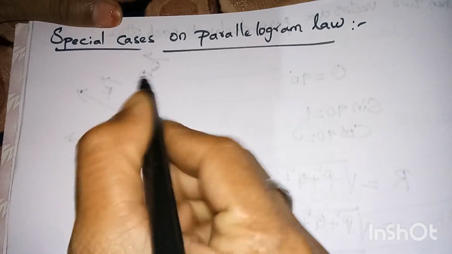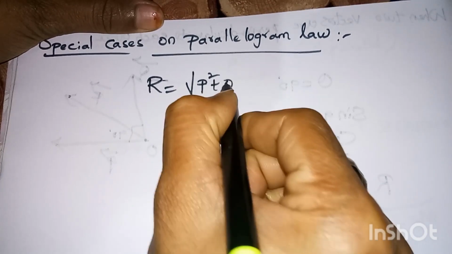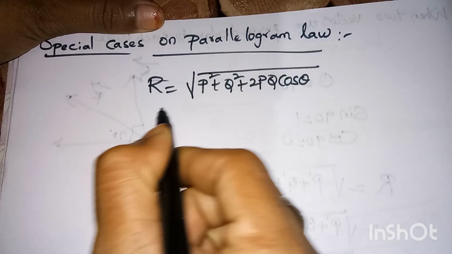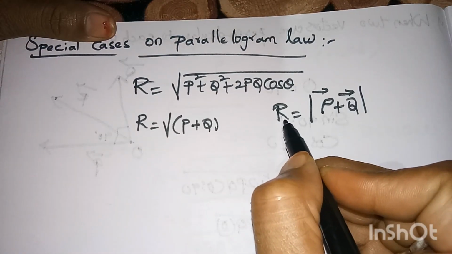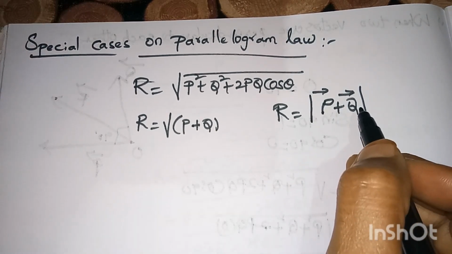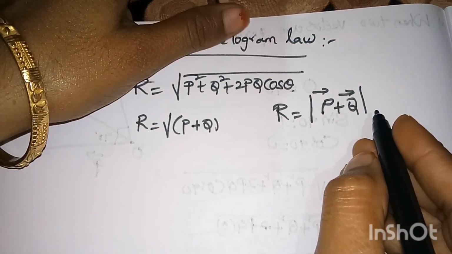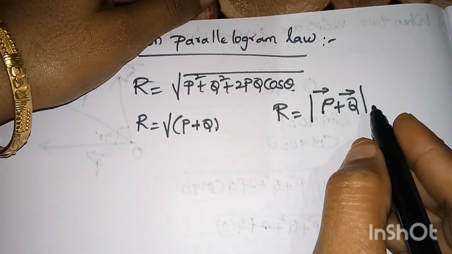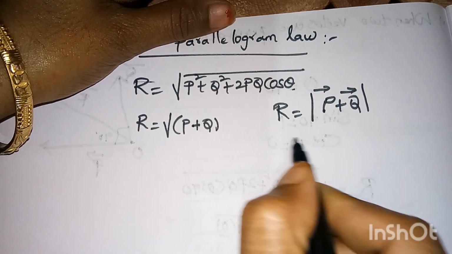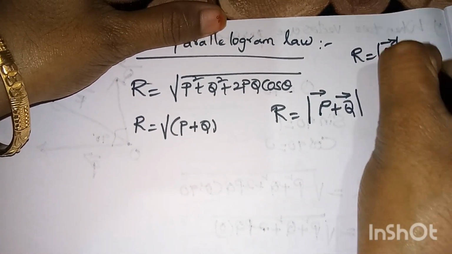So we got from parallelogram law the resultant R equals under root P square plus Q square plus 2PQ cos theta. The magnitude of resultant can also be written as magnitude of P bar plus Q bar. Just remember that in the previous class, in special cases, we discussed that the resultant is equal to the sum of magnitudes of two vectors, that is R equals magnitude of P bar plus magnitude of Q bar.